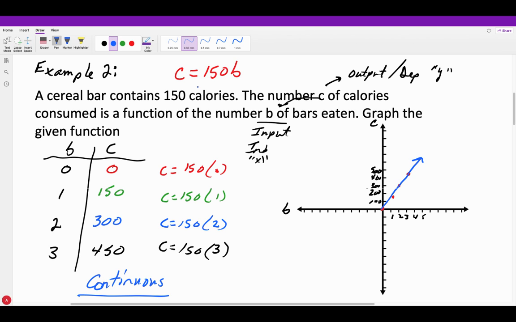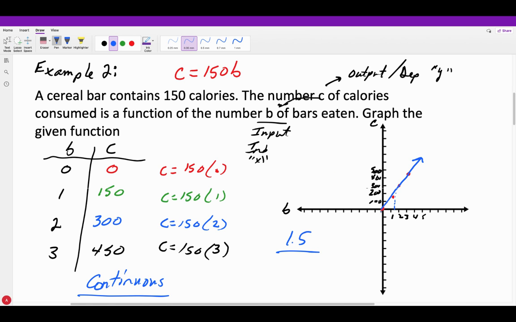Remember, in a graph, it's telling us that every single point that falls on that graph will satisfy this equation and also work. Since this is continuous and I can eat 1.5 candy bars, I can look and say, how many calories do I eat at 1.5? We need to draw the line for continuous because every single point in between those and beyond will work. So that will be our graph here.